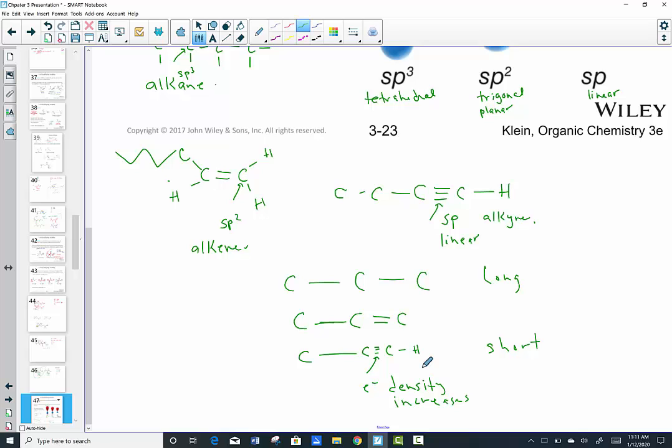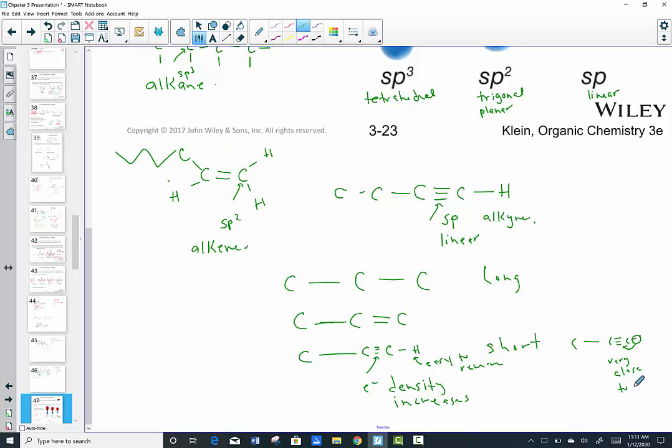Compare that to a single bond. If I were to draw the single bonds, a shared pair of electrons, and draw a lone pair of electrons on this carbon, the electrons are much farther away from the nucleus, right? Not a very long distance really, but a longer distance than a triple bond. Therefore, this is less stable because it's further away from the carbon's nucleus.